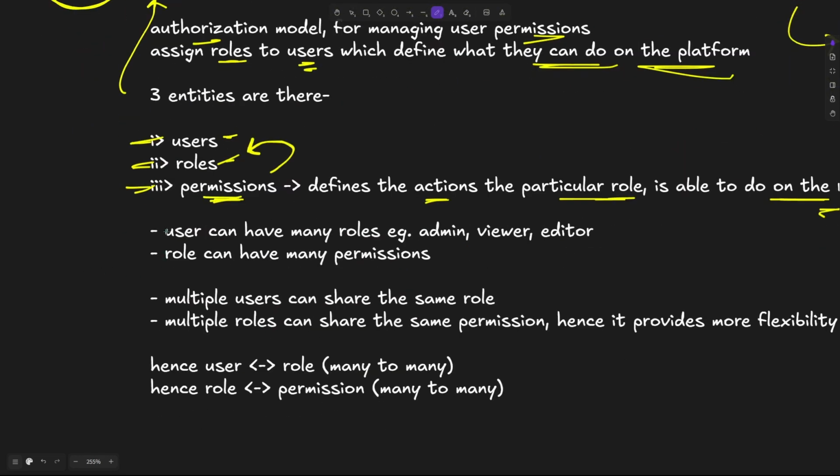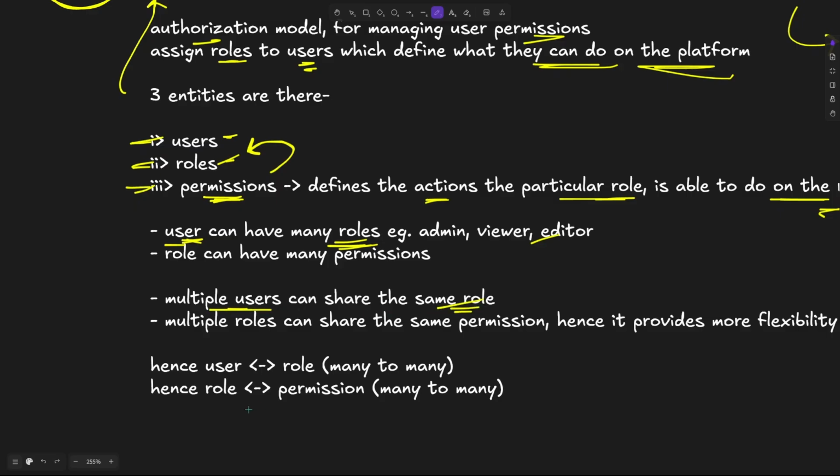Now, from a SQL point of view, a user can have many roles. Let's say you have an admin role, a viewer role, and an editor role. Then a single user can have many roles. At the same time, multiple users can share the same role.